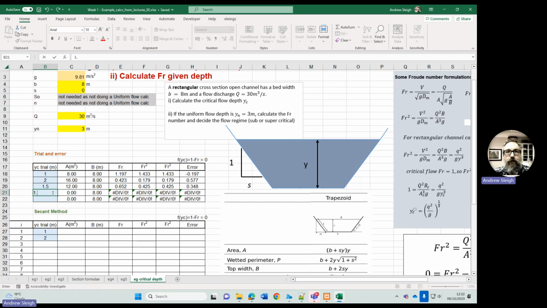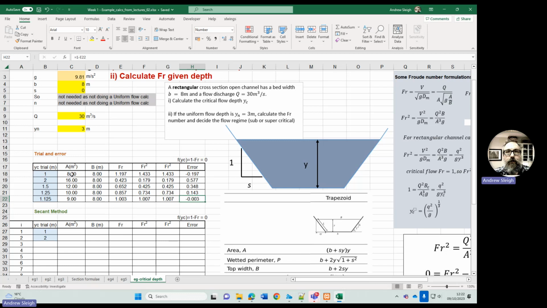It should be 1.25 as a formula, and it's still less than that. So 1.125, and that's pretty good. We're looking for 1 here, and it's nearly 1. And only a slight error.